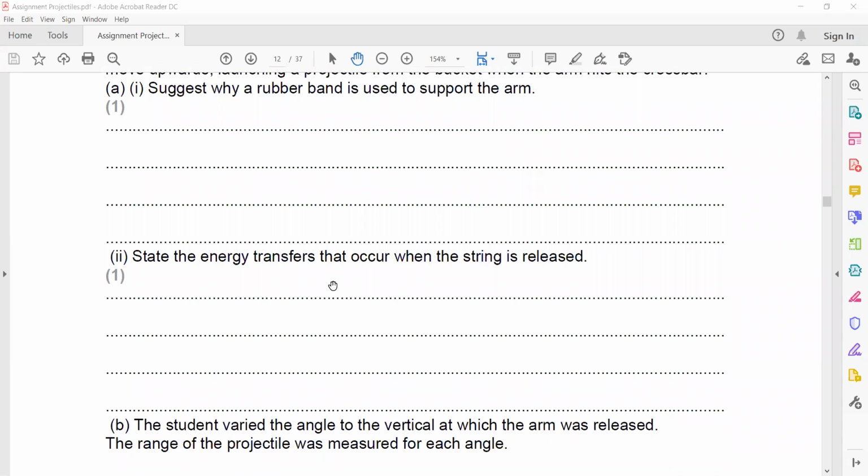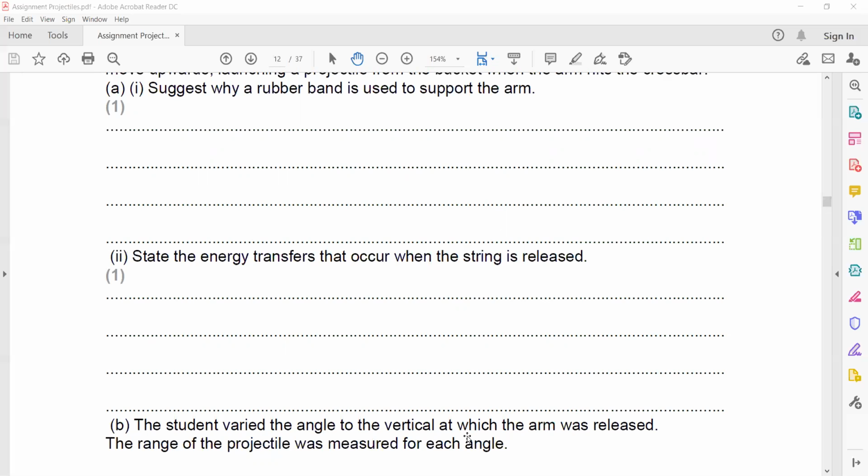State the energy transfer that occurs when the string is released. So what is the change in energy whenever an object is stretched? When an object is stretched, it will have elastic strain energy.